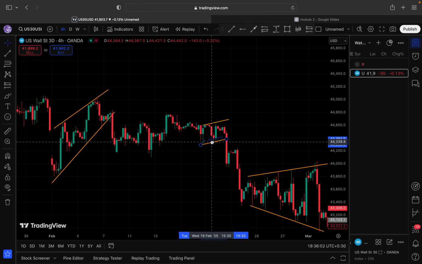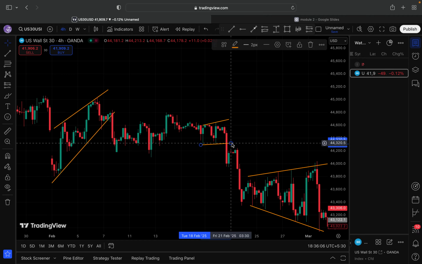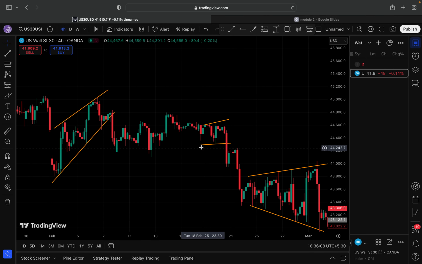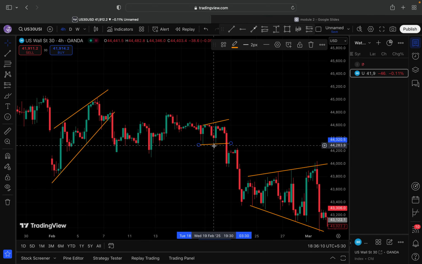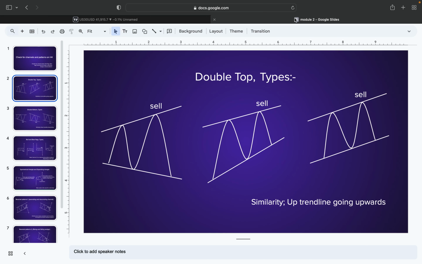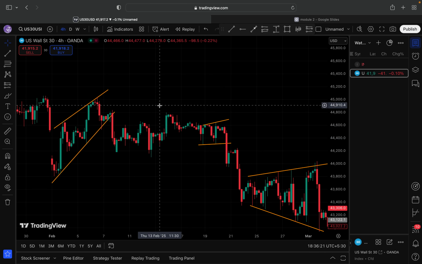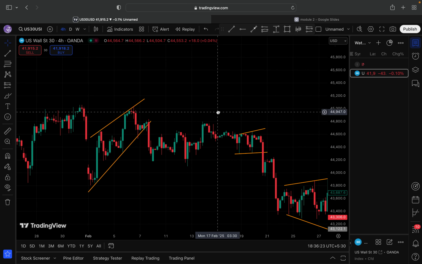Okay, this is actually looking like the other pattern, where it goes up, but with an equal low. This is also another type of pattern.